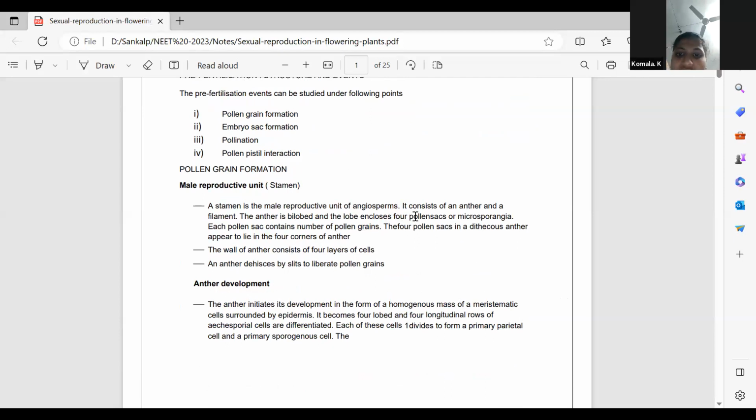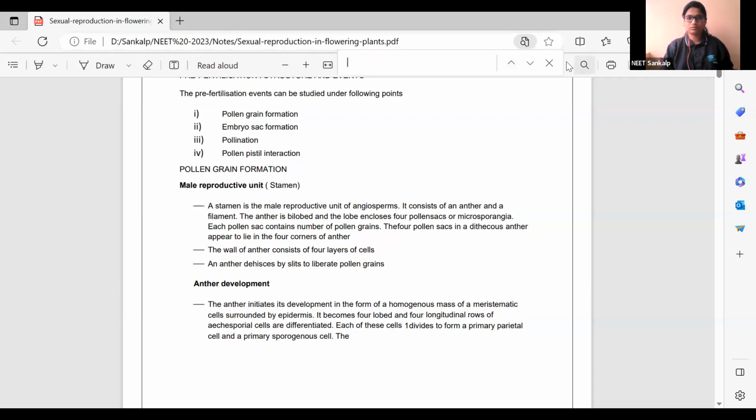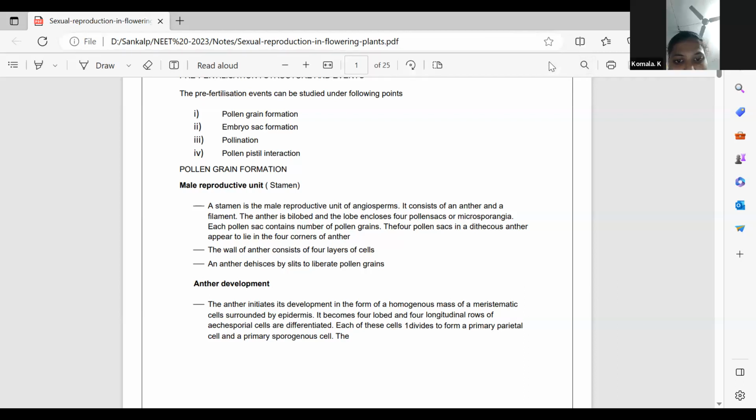It consists of an anther and a filament. The anther is bilobed and each lobe encloses 2 pollen sacs or microsporangia. Each pollen sac contains a number of pollen grains.